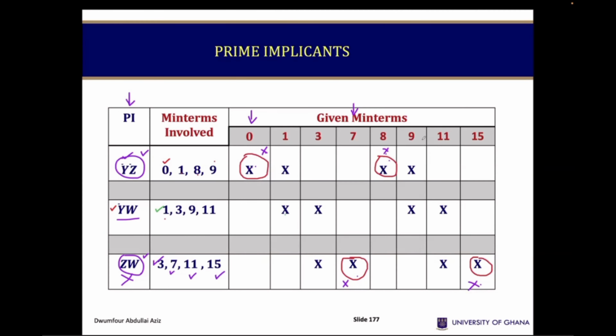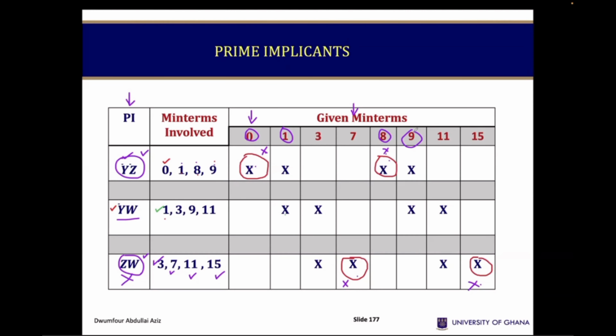So let's see. This one contains 0, so it covers this. 1, it covers this. 8, it covers this. 9, it covers this.